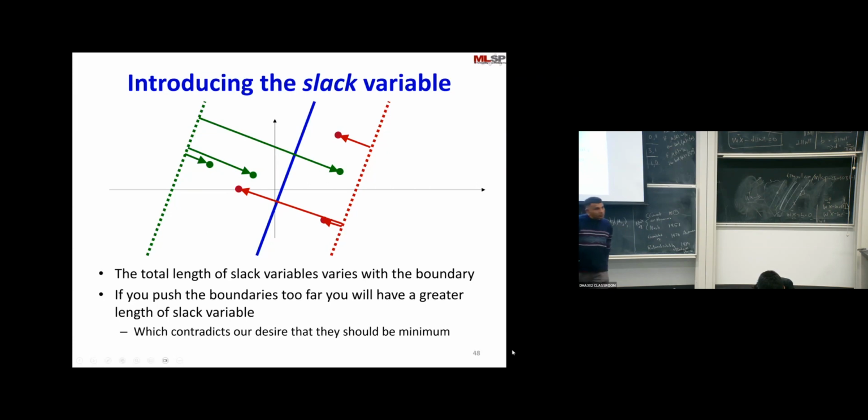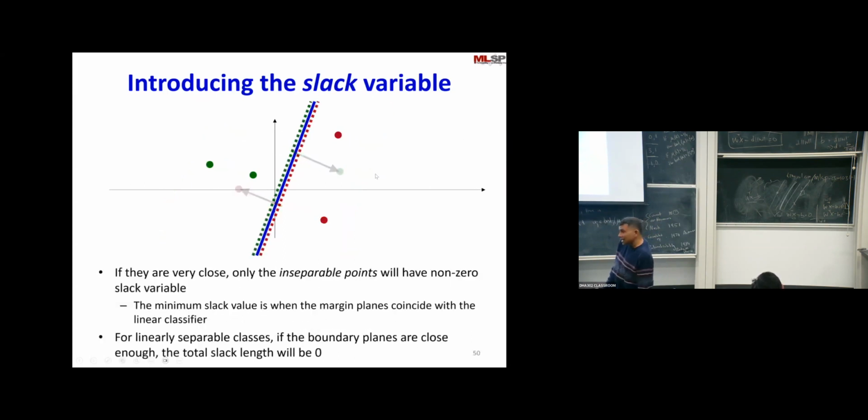So the total size is going to be the sum of distances for all of these. Where must the boundary plane be to minimize this? It's going to be right there, right? If it's lying right on the boundary, then this is the best case.